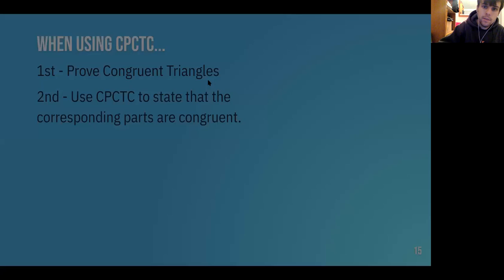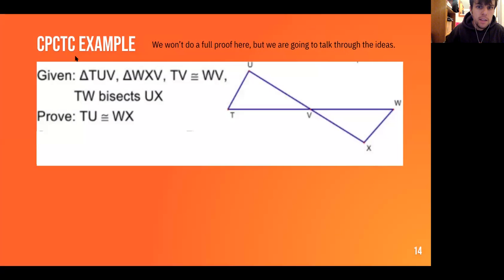TV is congruent to WV. And TW bisects UX, so UX is being cut in half, so these parts are equal. This segment right here, TW, cuts the other one in half.